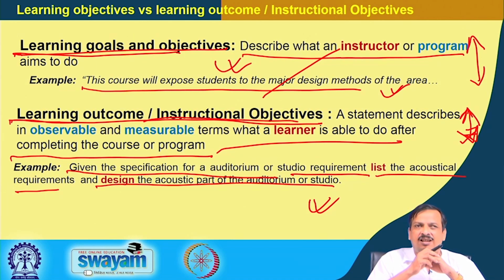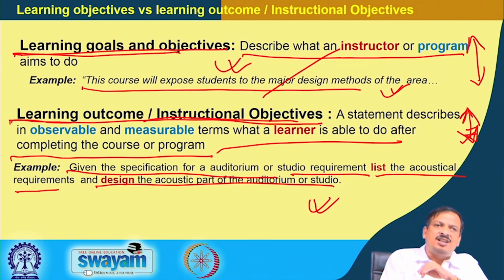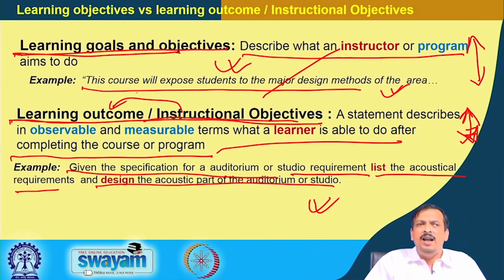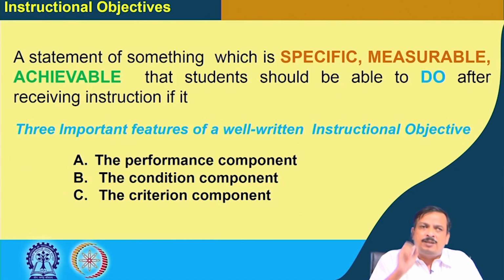Course goal or objective, program goal or objective, versus instructional objective. Once I write an instructional objective, that means it is an outcome. Why? Because every instructional objective must be specific, measurable and achievable, describing what the student will be able to do after receiving the instruction.